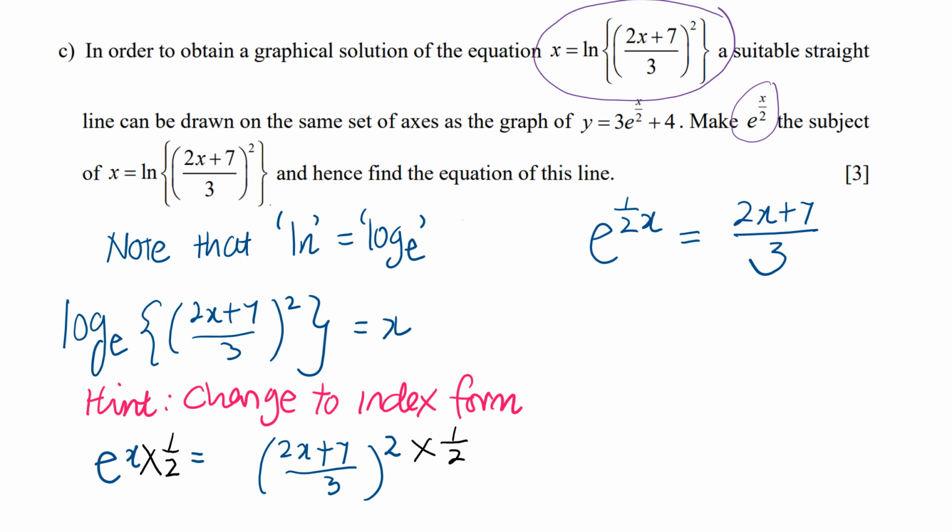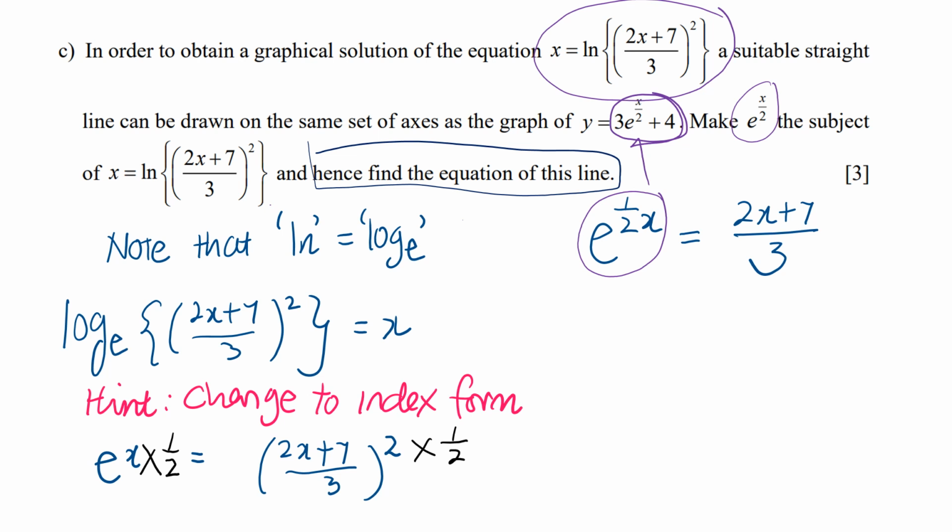So here we have made e to the power half x the subject. Then from there it says hence find the equation of a line. Okay, so I need to do some manipulations.